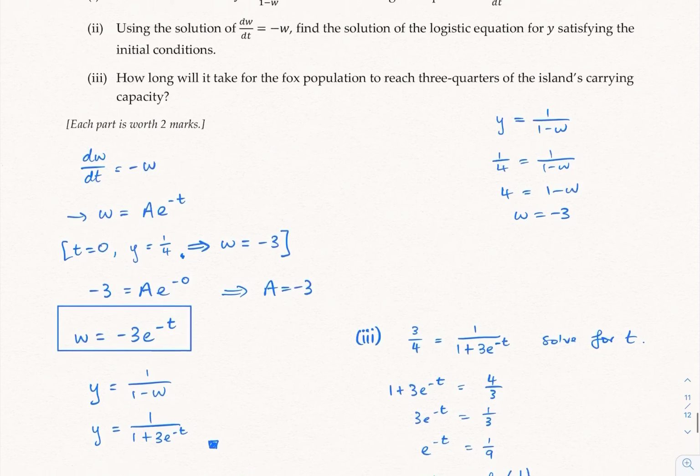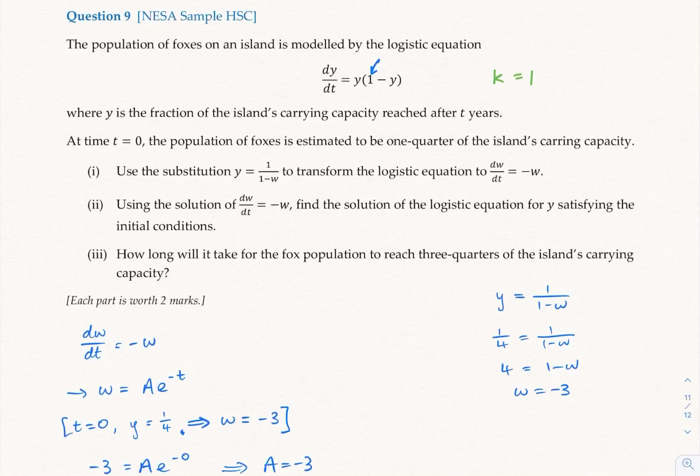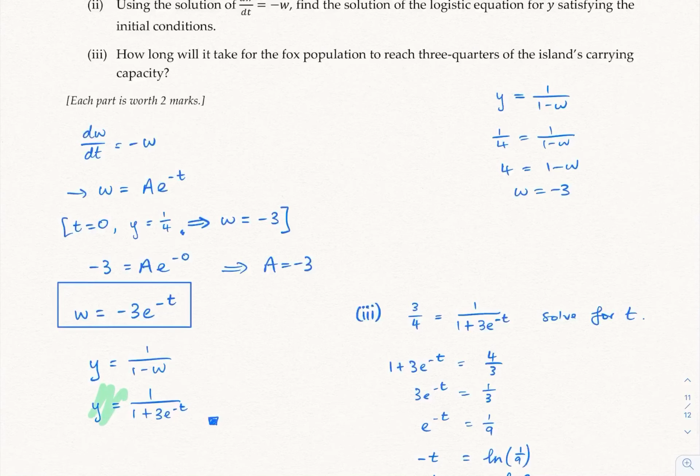Okay, so in that video we've looked at an HSC question. It's a little strange, a little unusual. We're using this odd substitution to get to this result quite circuitously.